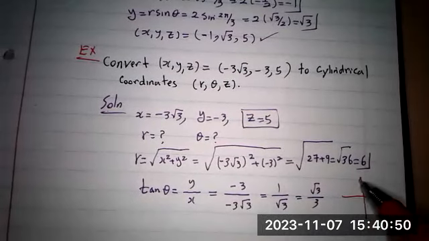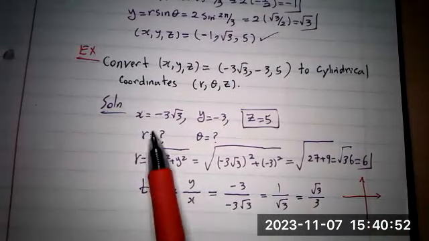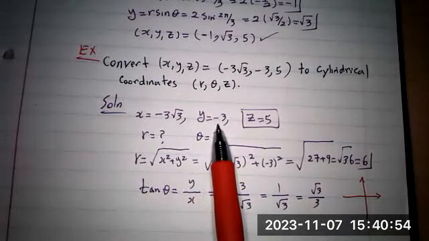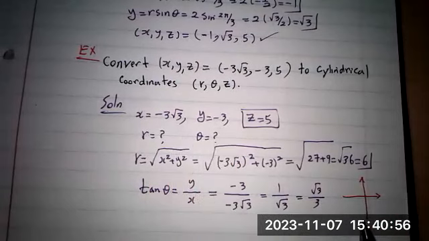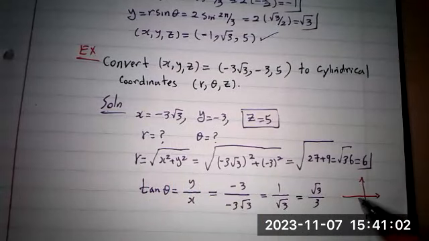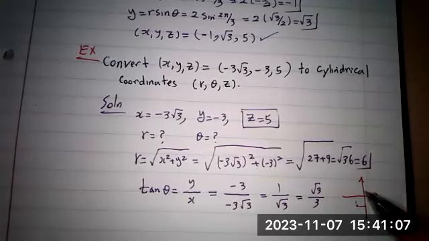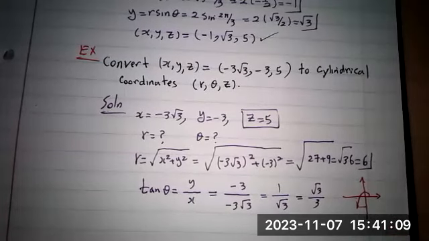So where is the point? Your point x is negative, y is negative. You see, negative, negative. So your point is here. So the angle that you pick must be this one.